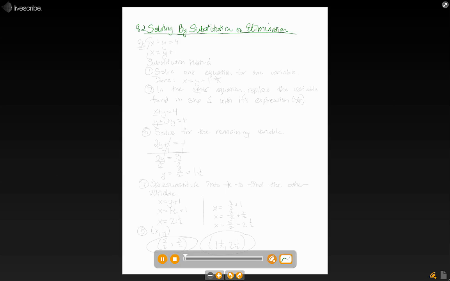For example, x plus y equals 4 and x equals y plus 1. There's my system. We're going to start with the substitution method.